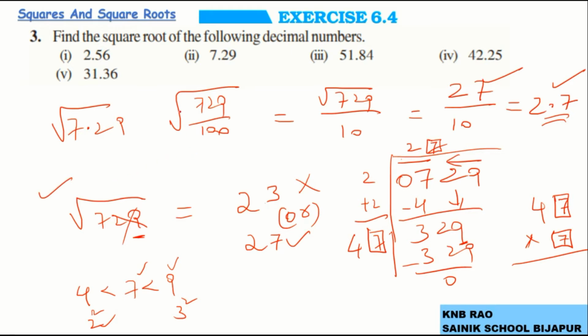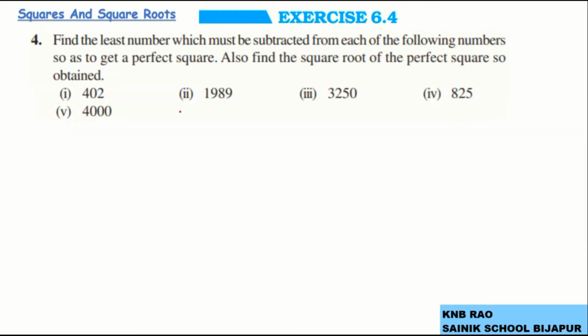Now taking further question number 4. Find the least number which must be subtracted from each of the following numbers so as to get a perfect square. Also find the square root of that perfect square so obtained.